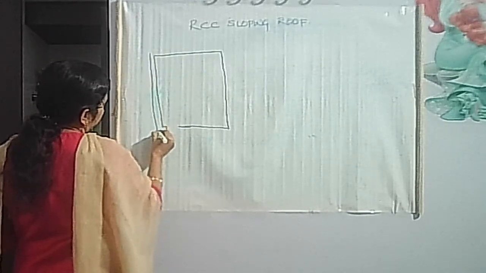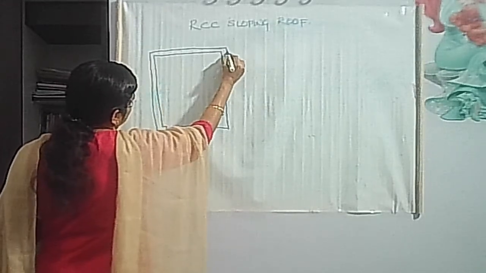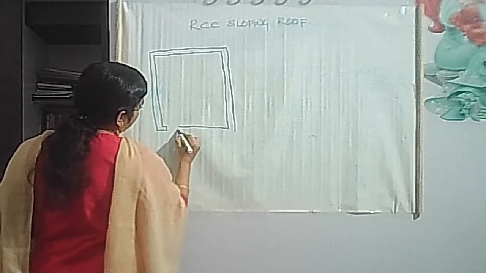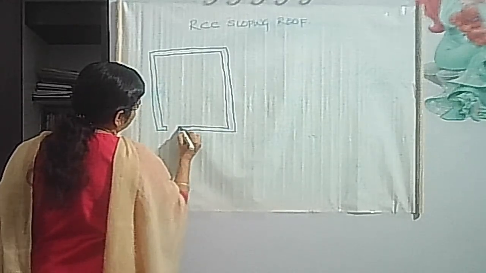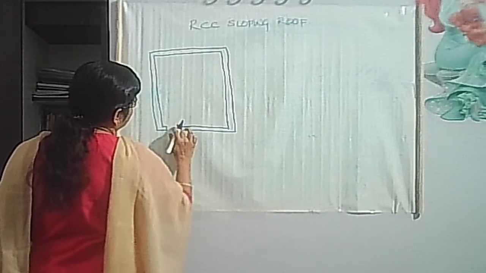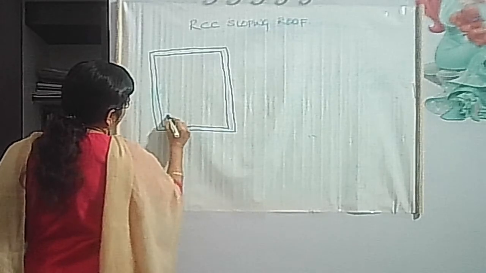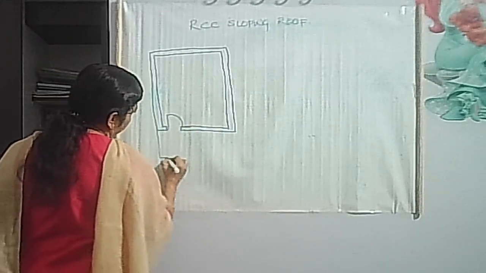I am just drawing a single room with a wall thickness. We will take a 23 centimeter thick wall. There is a door here. I will take a small veranda here.